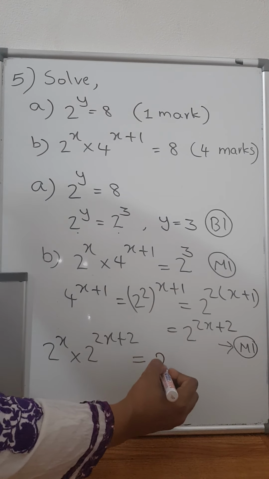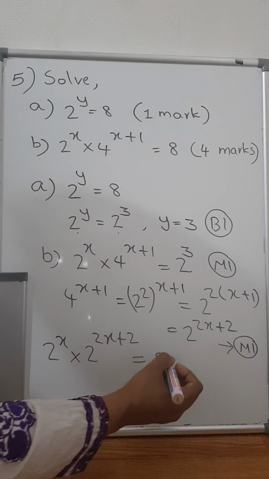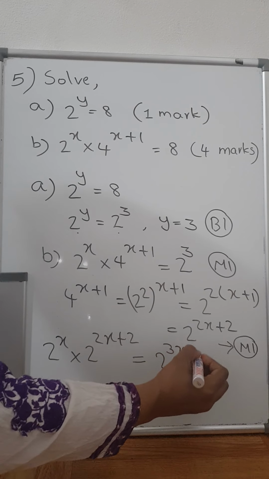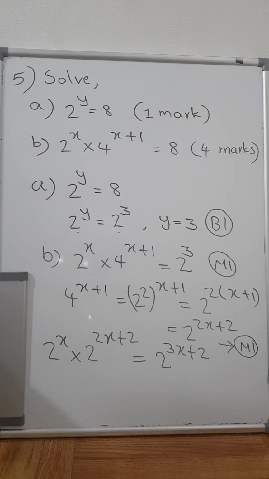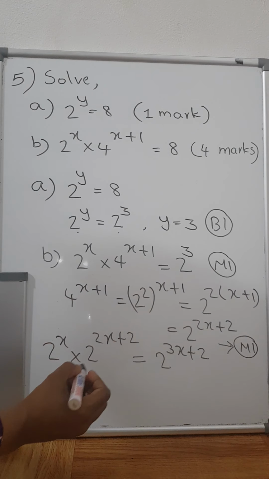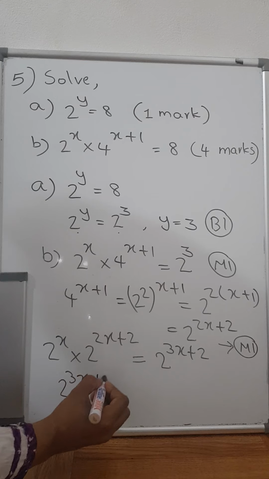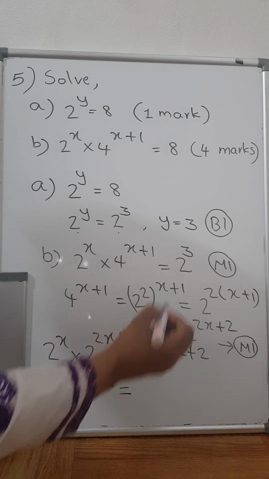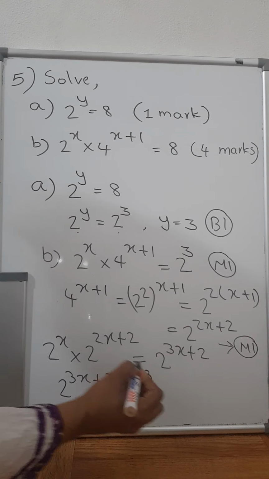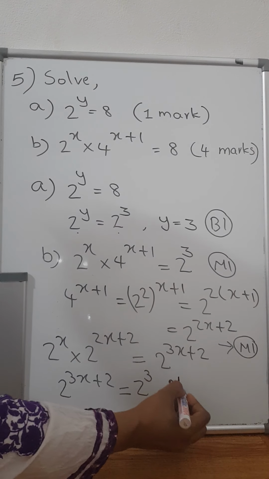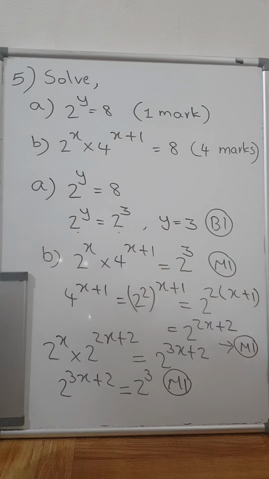This becomes 2 to the power x plus 2x plus 2. That is 2 to the power 3x plus 2. So what we get from here? 2 to the power 3x plus 2 is equal to 2 cube. For writing that step, we are going to get 1 mark, the method mark.